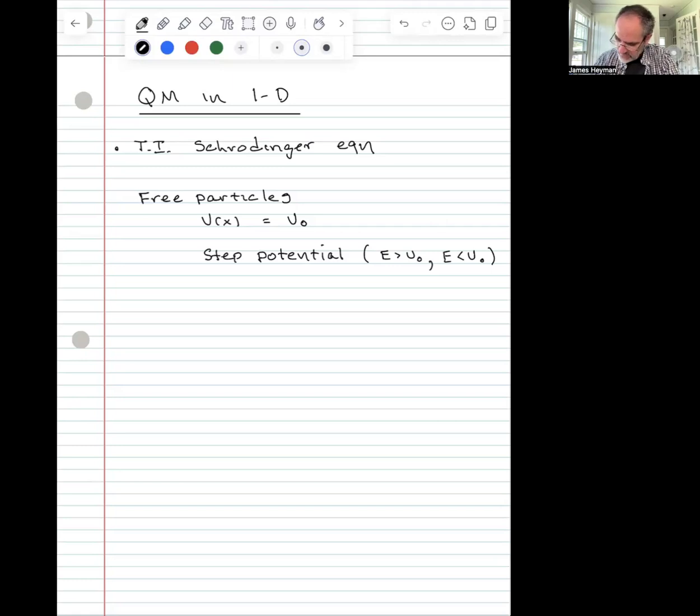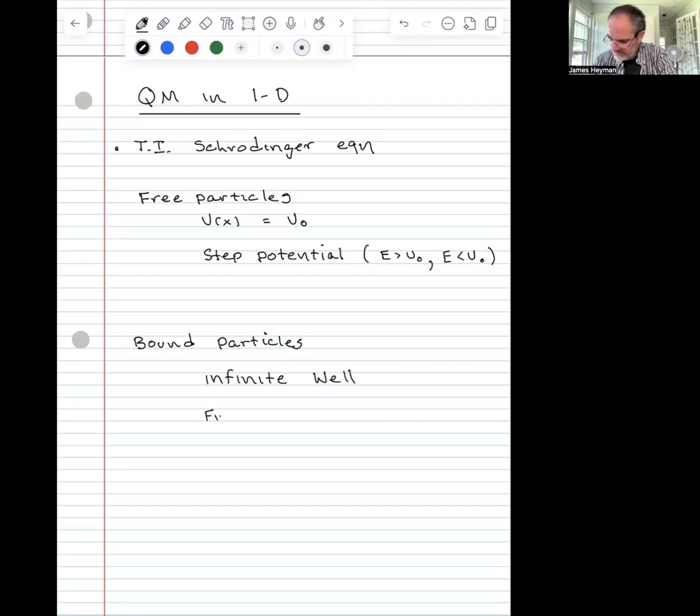After that, we discussed bound particles, and we looked at a few simple potentials in which electrons or particles can be bound, giving quantized energy states. And these included the infinite well, which is notable because it's such a simple problem, and yet it gives us all of the things we expect for a quantum bound particle system: quantized energy states, well-described wave functions for the different orbitals, so to speak.